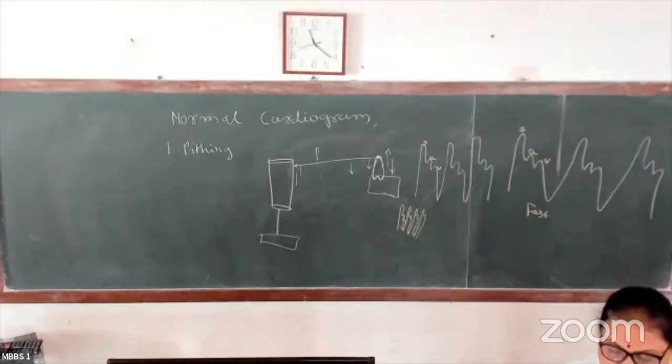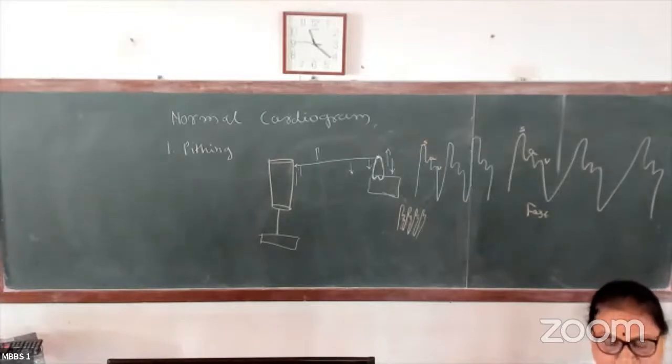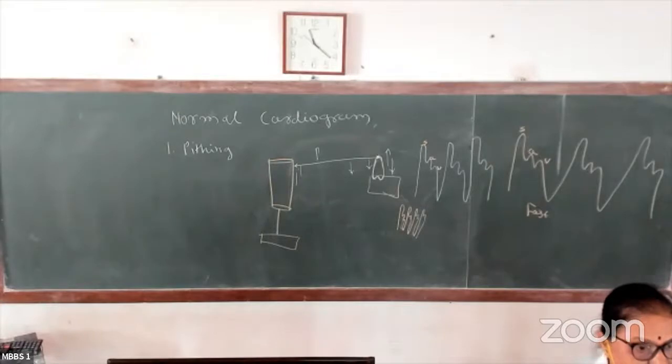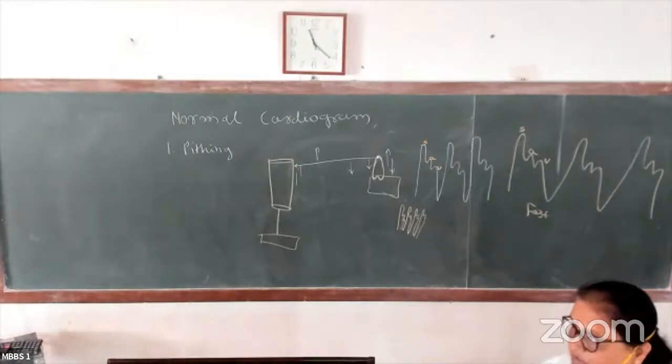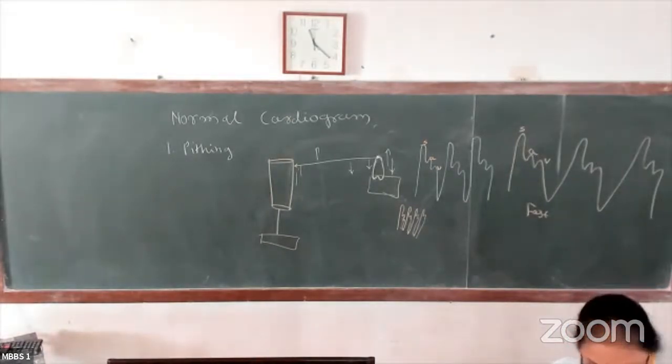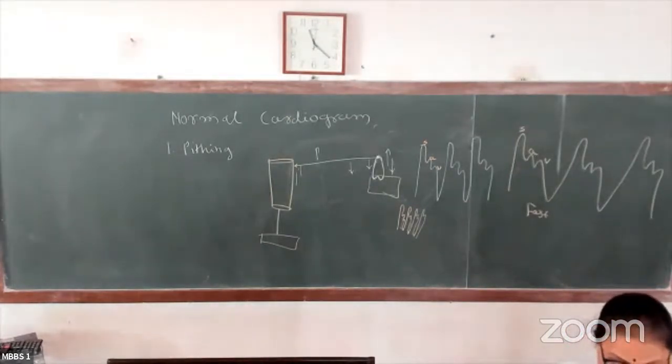So what are the questions? First question is, identify the record. So what is your answer? This is the record of the normal cardiogram. Then what is the second? What do S, A and V indicate in the record?